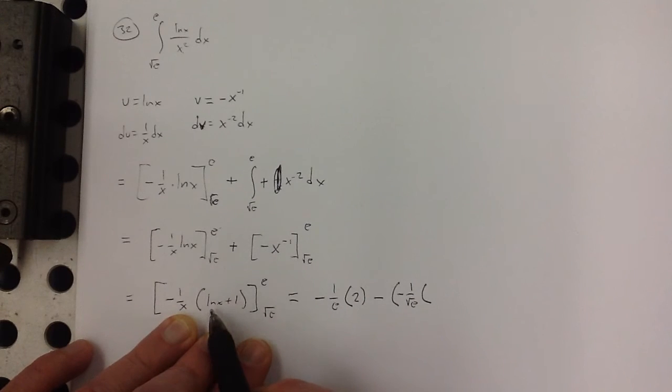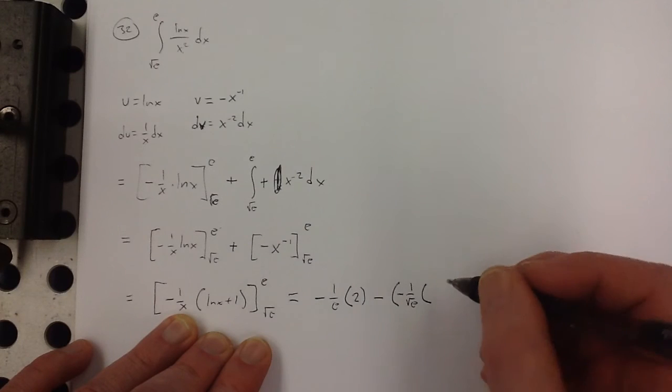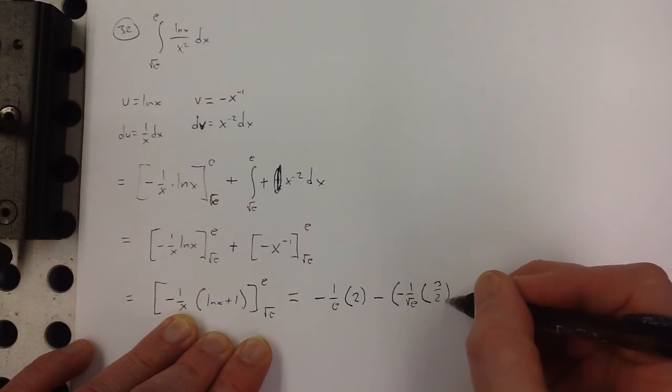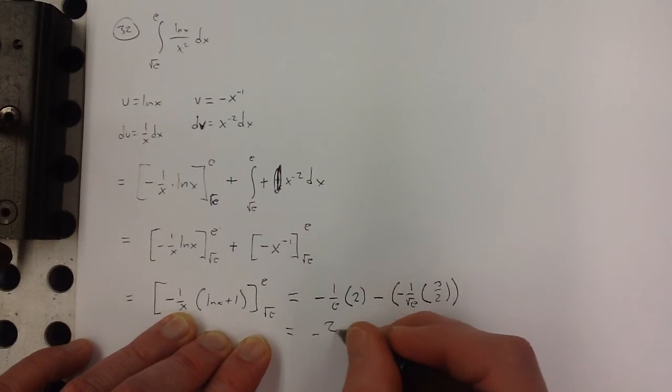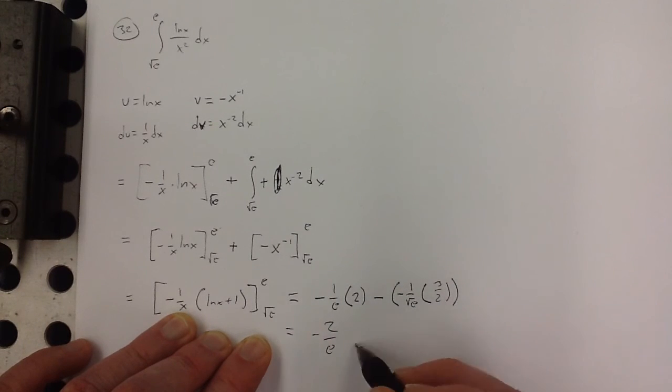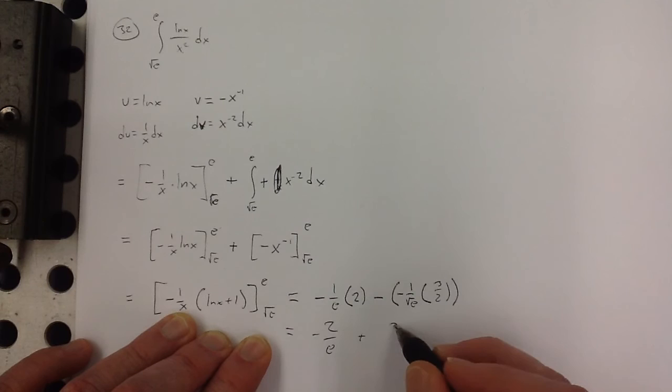So natural log of e to the 1/2 is 1/2 plus 1 is 3/2. So let's see, plus 3 over 2 square roots of e.